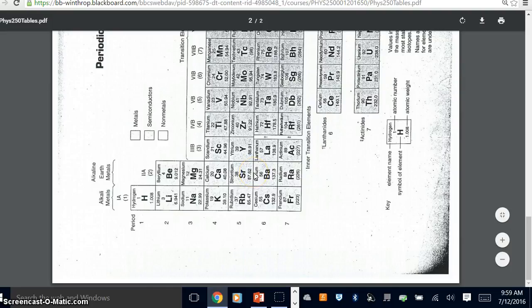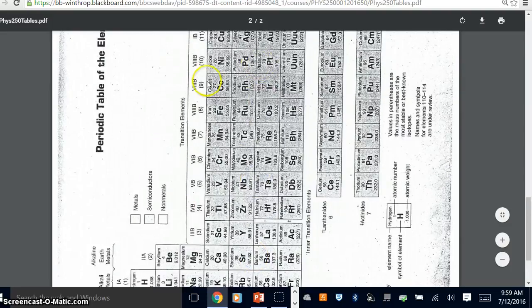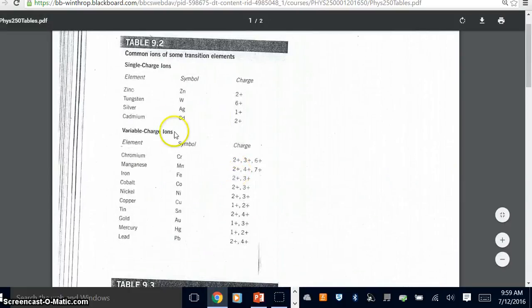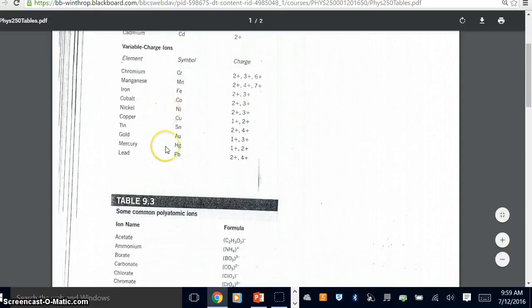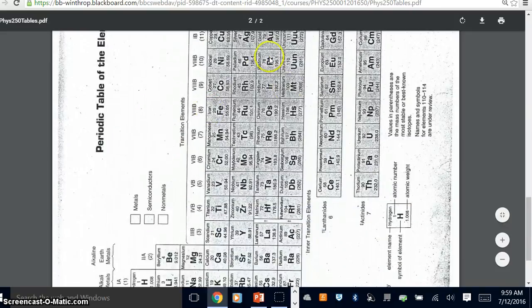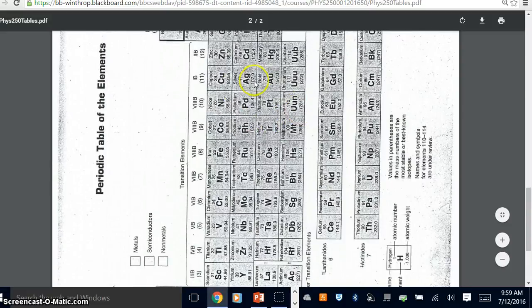Okay. Then these here are the transition metals, and that's where we're going to go back up here when we start talking about transition metals, or another way they're known is variable charge ions. There's actually some exceptions, even though they're part of the transition metals. There's some that don't vary at all.